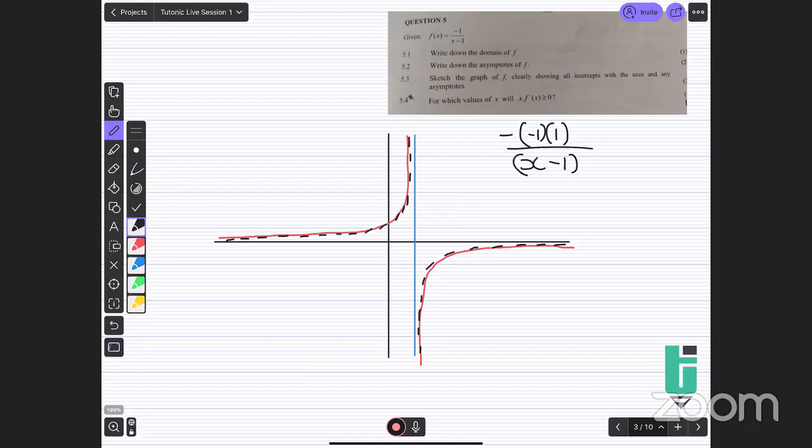This is the derivative of this graph. You don't have to know the approach, but it's 1 over x minus 1 squared. That's f dash x. You wouldn't be expected to calculate this, okay? But do you see, what do you notice about this derivative graph?